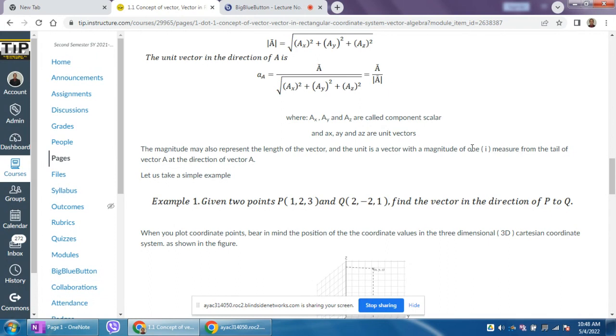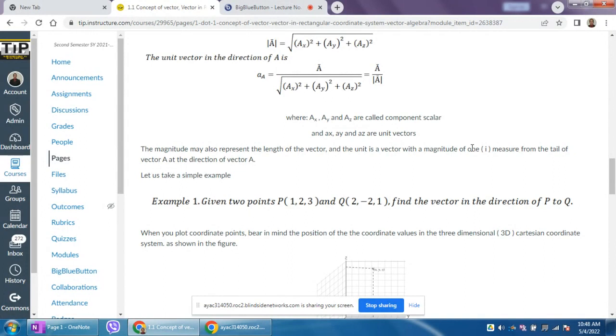So, the magnitude may also represent the length of the vector. So, pag tinanong po kayo, what is the length of the vector? What is the distance between the 2 points? You simply solve for the magnitude. Malinaw po yun. No? So, ginagamit natin yung pagkuha ng magnitude to solve for the distance, to solve for the length.